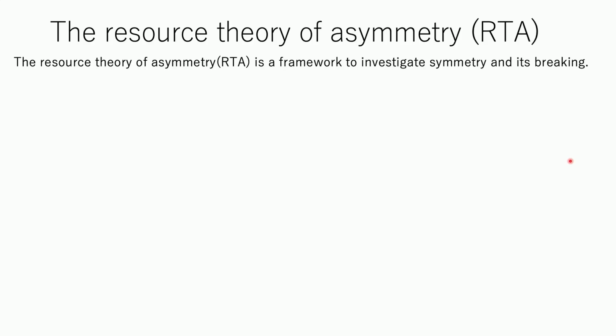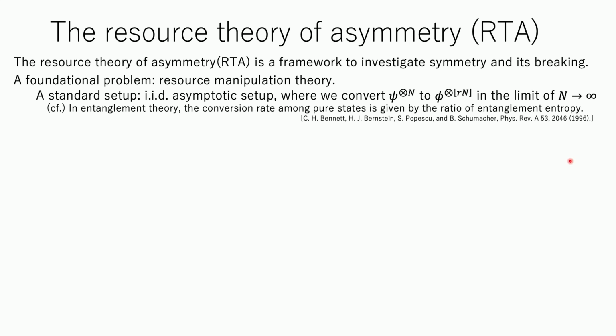So let's get started. The resource theory of asymmetry is a theoretical framework to investigate symmetry and its breaking from the viewpoint of quantum resource theory. One of the central problems in any resource theory is resource manipulation theory.